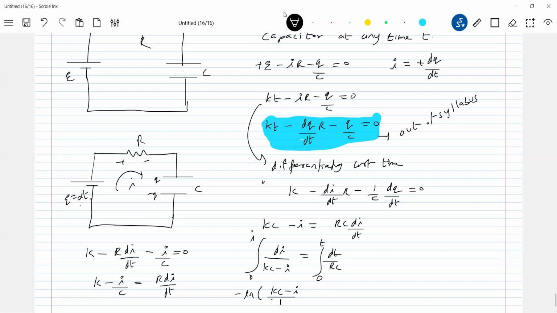Substituting upper and lower limits, I'll end up with minus t by RC. So the expression for I is equal to... Sir, on the RHS it is plus t by RC only. Yes. So this should be I equals KC times 1 minus e to the power of minus t by RC.